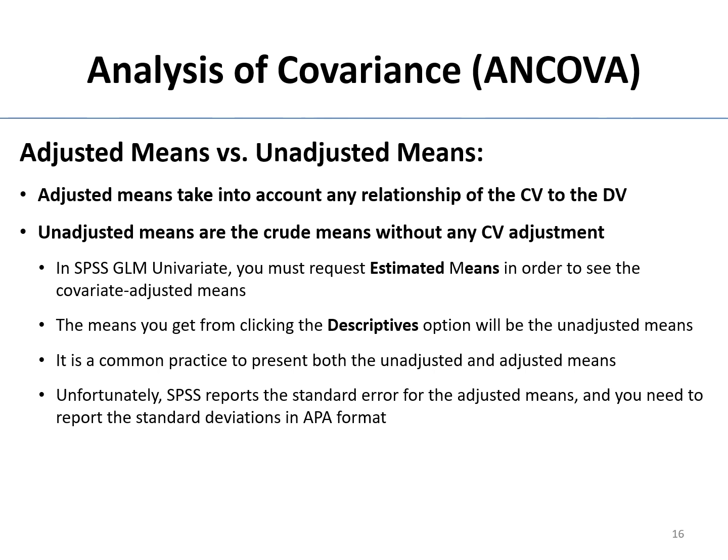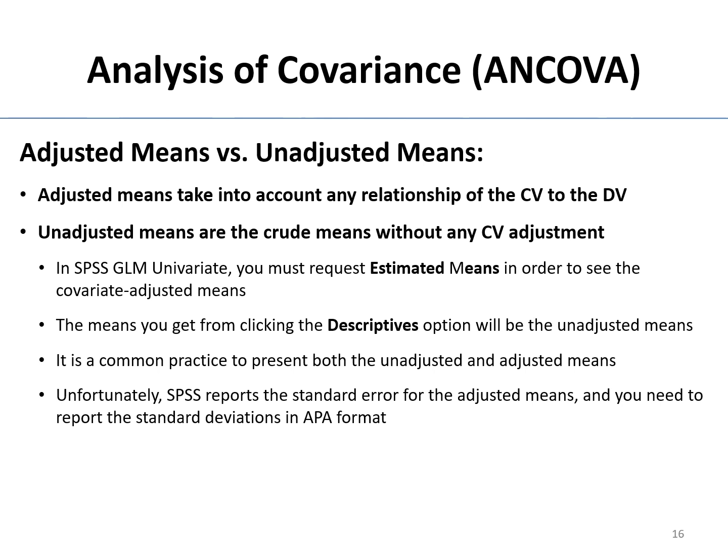When you get the adjusted means from the estimated means, unfortunately SPSS does not give you the standard deviations, but APA requires you to report the standard deviations for those adjusted means. It gives you something called the standard error, which I've purposely not talked much about.